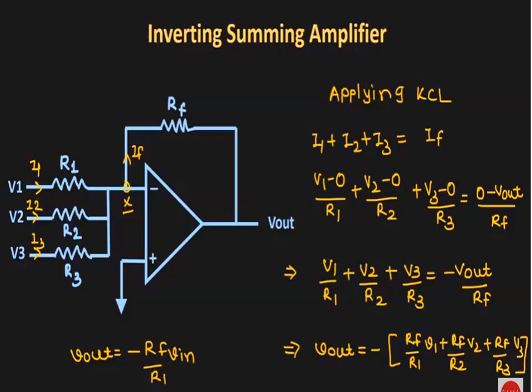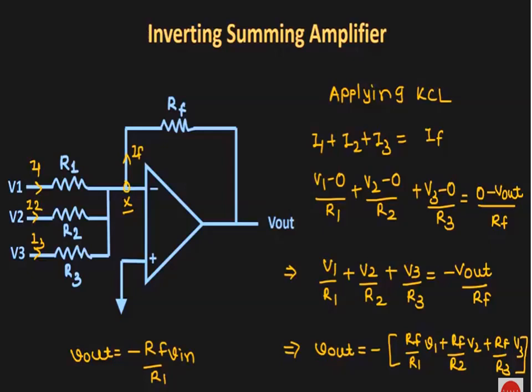After that you can see I am applying the KCL rule. KCL is Kirchhoff's current law. Using that, the feedback current is equal to the sum of the individual currents. That is, I have written I1 plus I2 plus I3 is equal to IF.